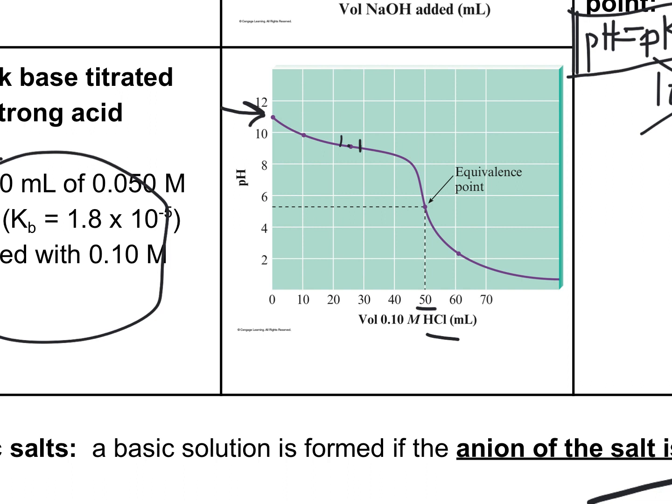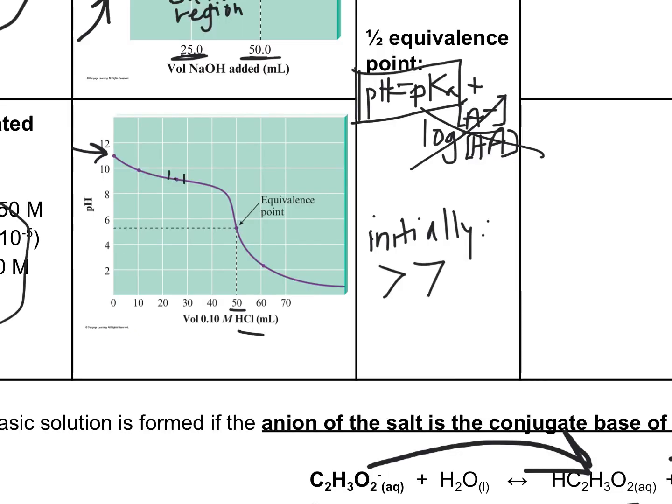We see that the equivalence point occurs at a pH that is less than 7. And that has to do, again, with the type of salt that is produced. But first, we have a pH that is greater than 7. You could, again, know exactly what that is if you did an ice chart.